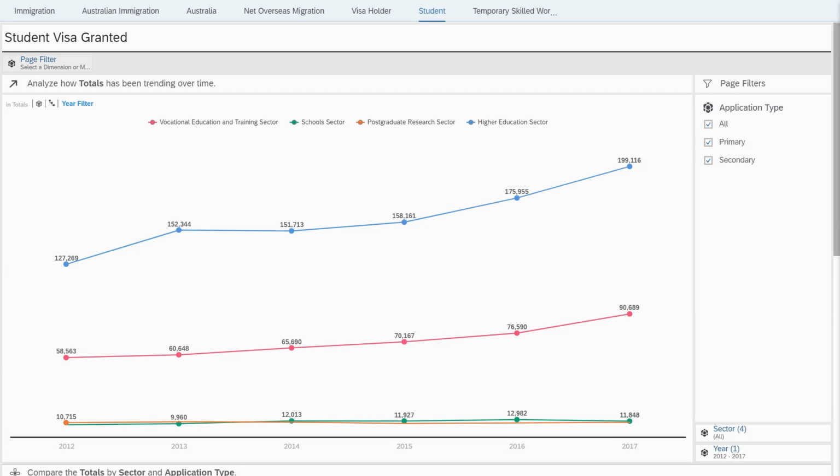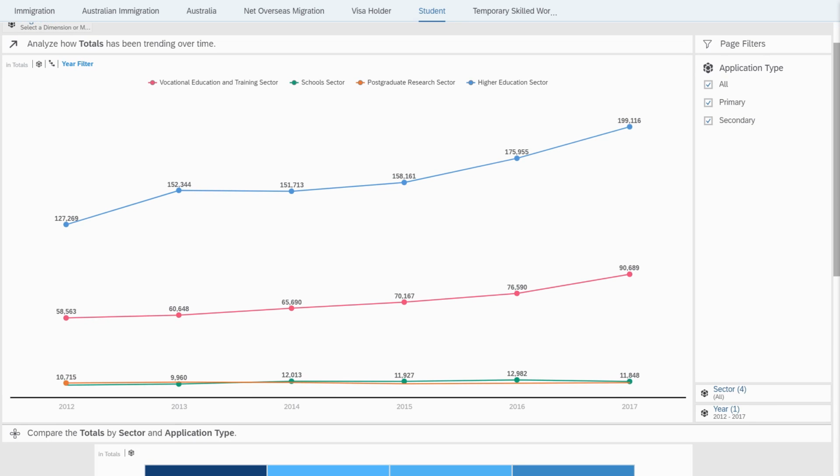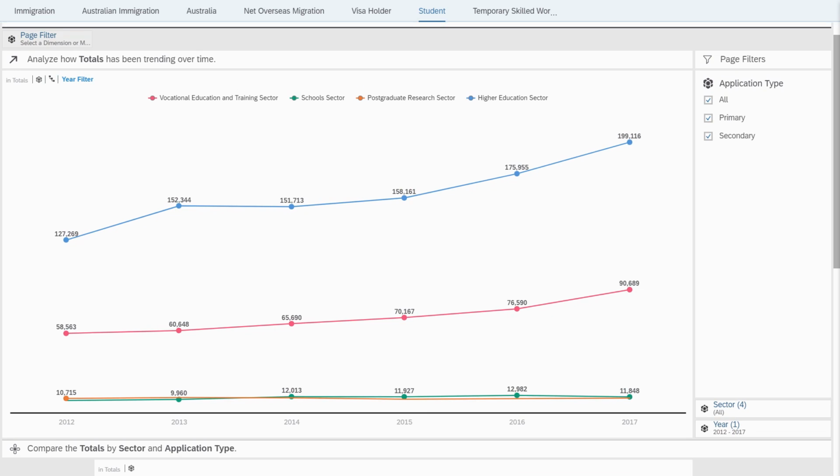As we can see, student visas have been broadly classified into 4 main categories, that is vocational education and training sector, school sector, postgraduate research sectors, and higher education sectors. The chart states that there has been a gradual increase in the higher education sector from the year 2012 to 2017, while it has remained fairly constant for all the remaining 3 categories.